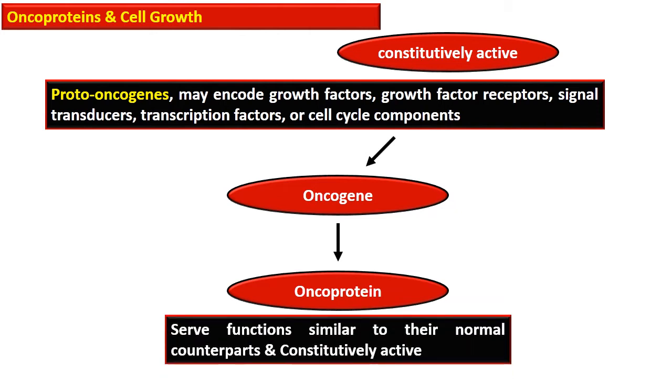The oncoproteins function similarly to their normal counterparts, but they differ from the proto-oncogenes in that they have lost the off switch. They are constitutively active and thereby independent of their dependency on the growth factor.